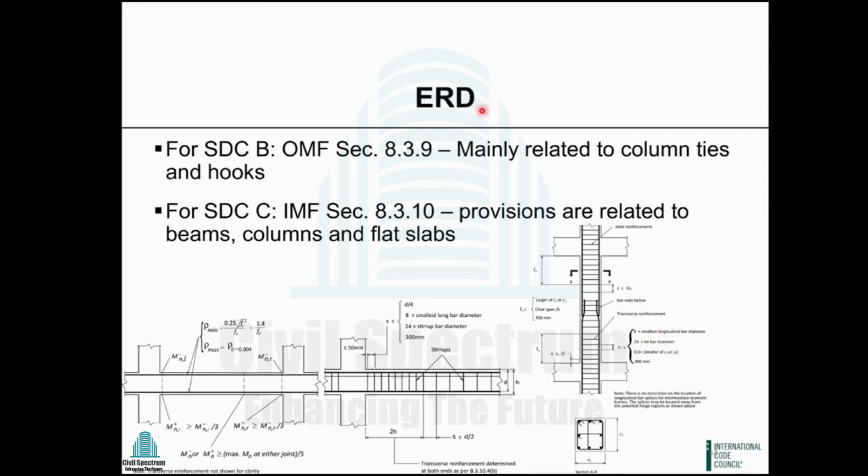For earthquake resistant design, as I said, if you want to build a structure according to seismic design category B, please follow section 8.3.9. This is mainly related to column ties and hooks. For seismic design category C, corresponding to IMF, section 8.3.10 is the section that you have to follow.